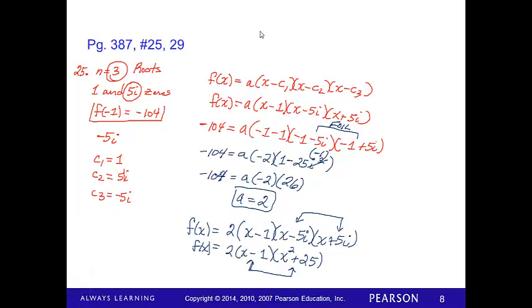You have a final answer of f of x is equal to 2 times, well, that's x to the 3rd power minus x squared plus 25x minus 25. And then you can distribute the 2 if you wanted to.